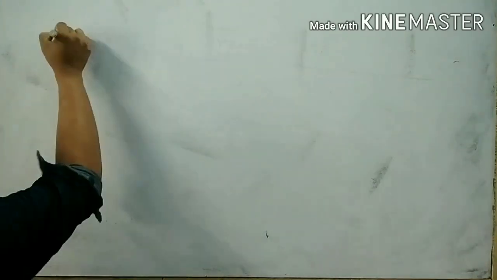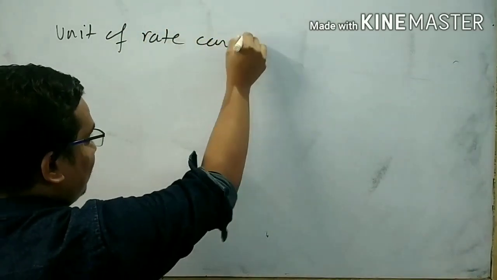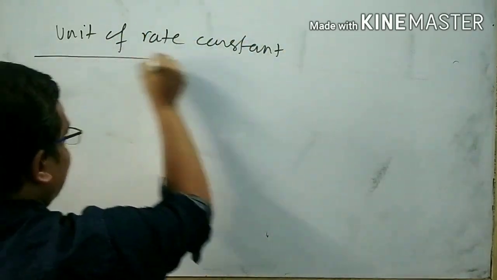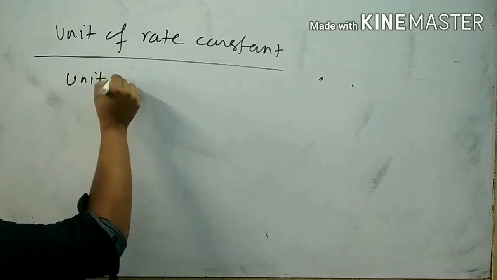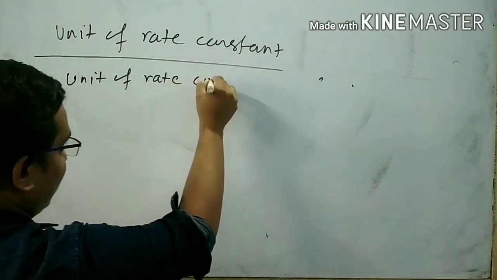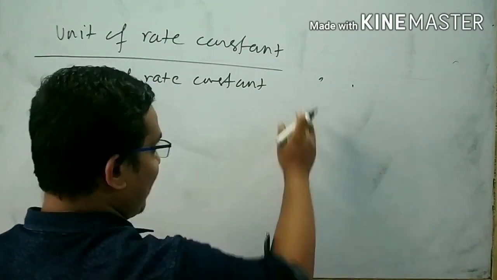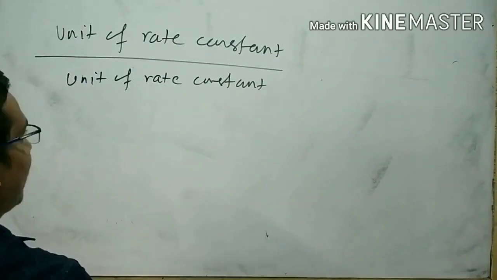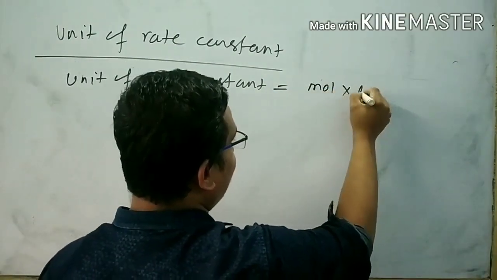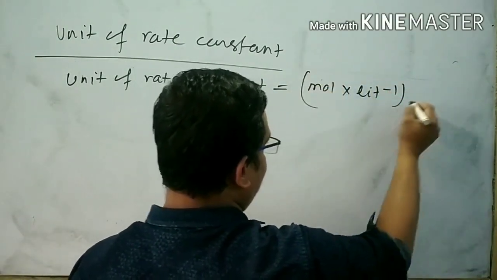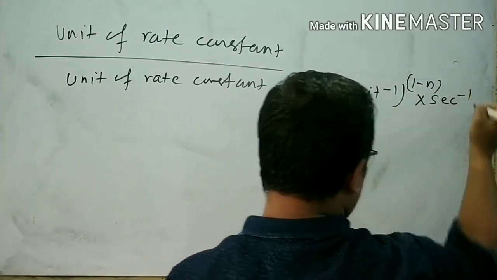Next I will discuss the unit of rate constant in different order of reaction. The unit of rate constant in different order of reaction has a general formula: mole into liter inverse to the power 1 minus n into second inverse.